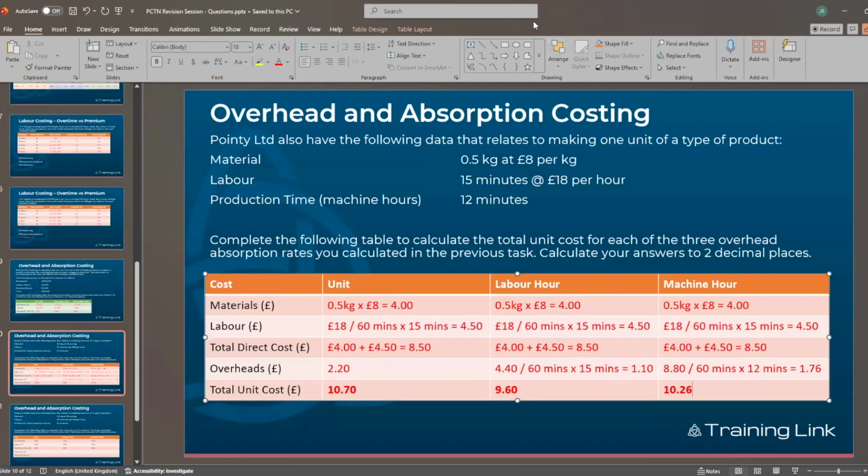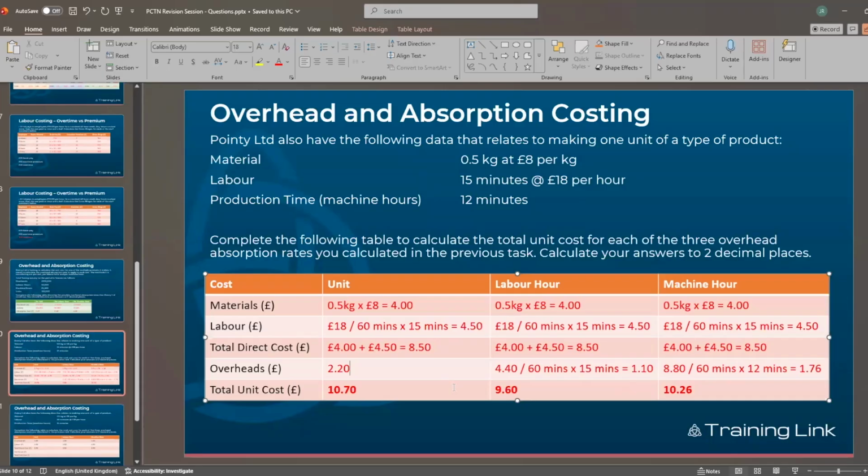It will be down to a business to decide which method is more appropriate. Now, some of you might be wondering why these figures are different. There's a very important detail to look out for, because you would have come across questions where all of these columns are exactly the same, where every figure all the way down is exactly the same.